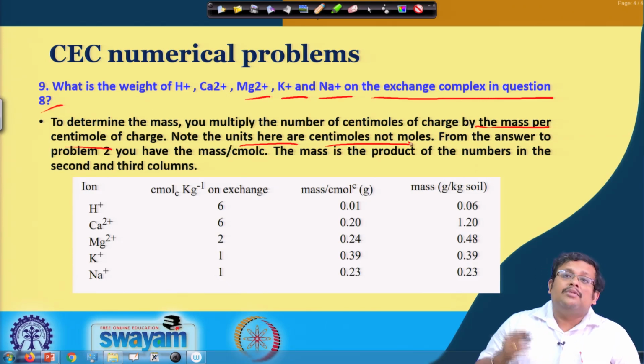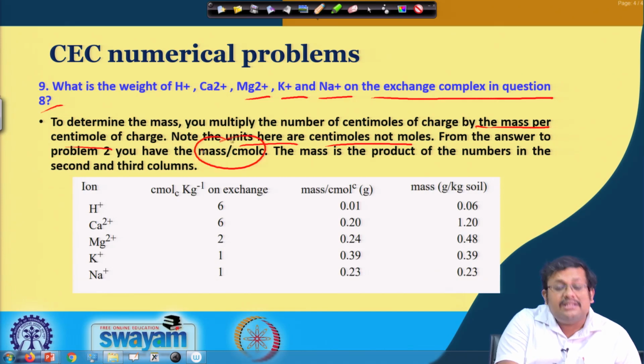From the answer in problem 2, which I have already shown you, we know the mass per centimole of charge, so we have to multiply it. The centimole charge per kg on the exchange complex is 6 centimole charge per kg for hydrogen. In case of Ca2 plus, it is 6 centimolar charge per kg, and in case of Mg2 plus, it is 2 centimolar charge per kg.